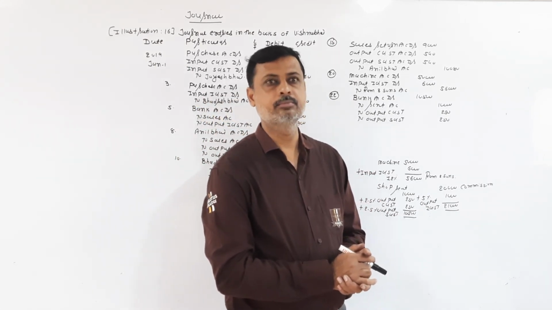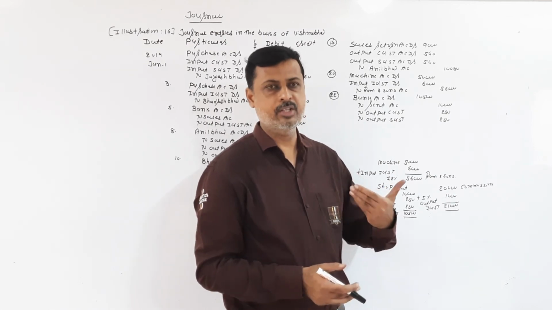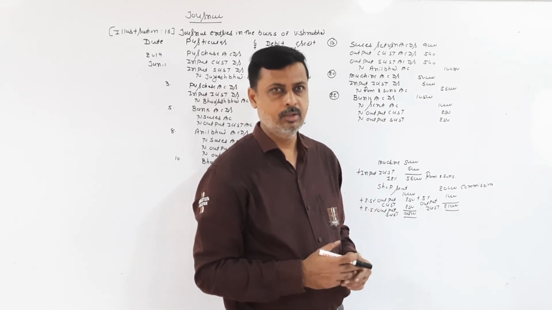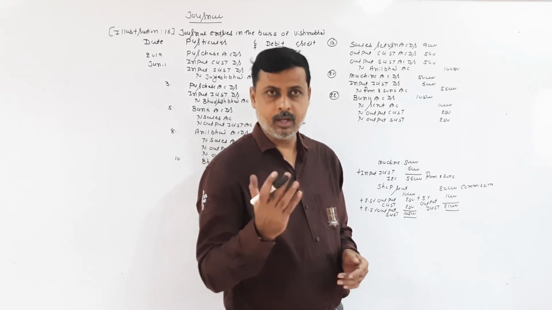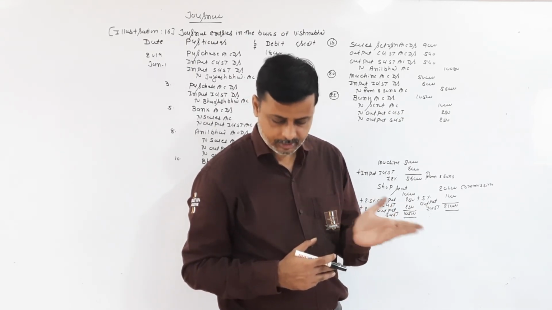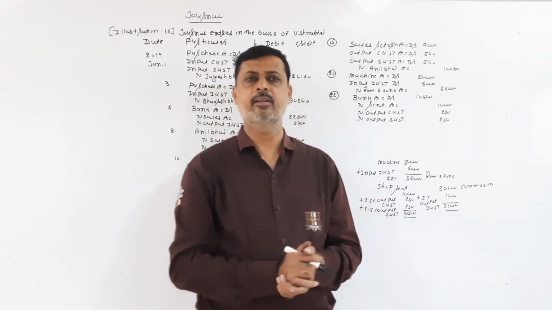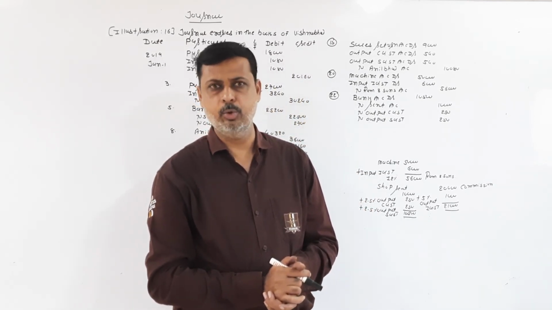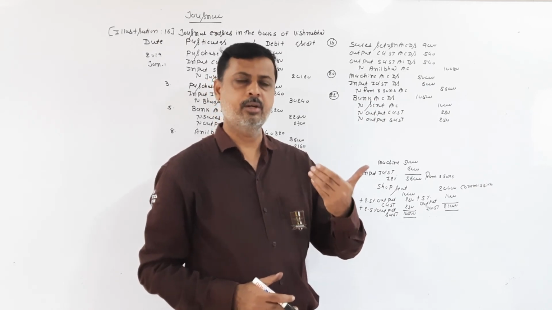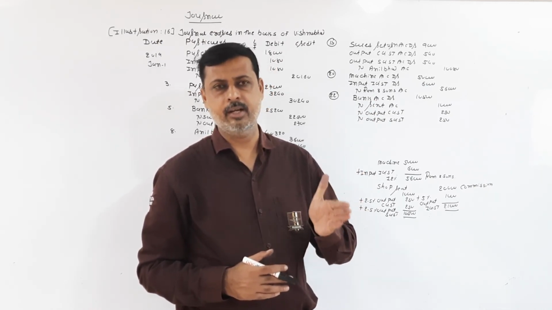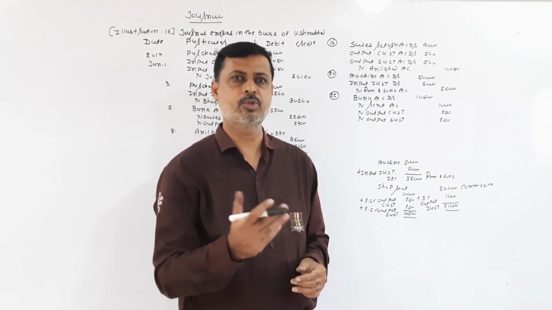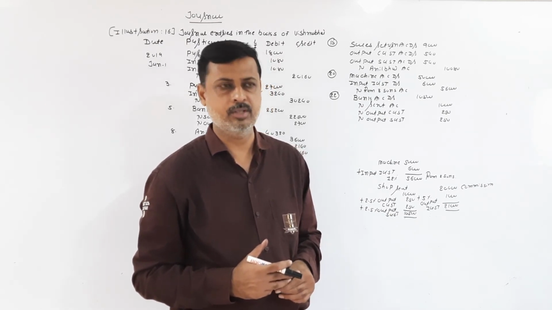Now here, when we received commission, cash comes in, because in this transaction a check is not mentioned. So we think that commission is received through cash. So cash comes in, cash account effect. As per rules of real account, debit what comes in.